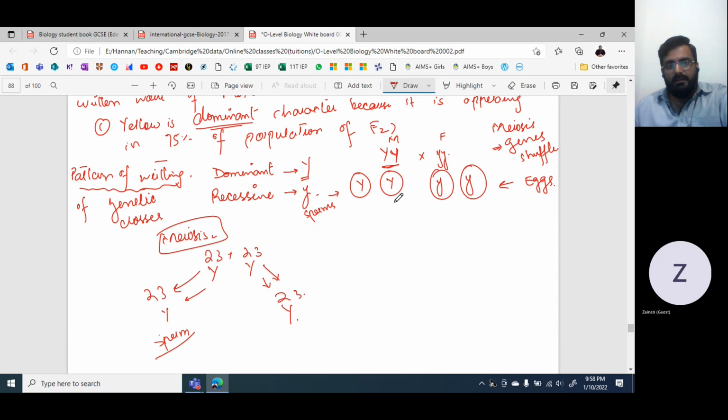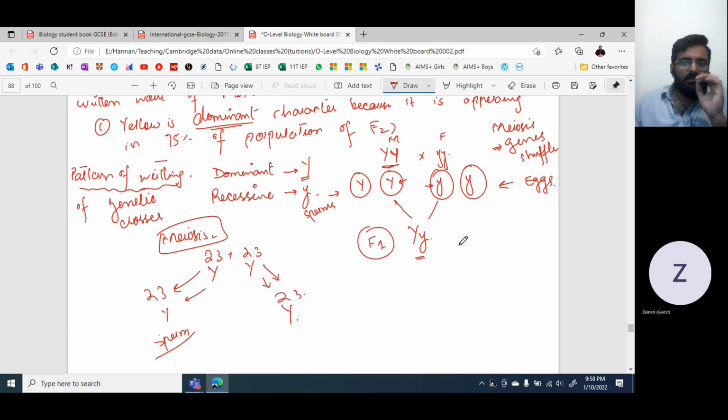So assume that this sperm is combining with this egg, and it has the dominant allele, and it has the recessive allele. So these both are recombining in the next generation. So this is once again after fertilization, this is the offspring, F1 generation.